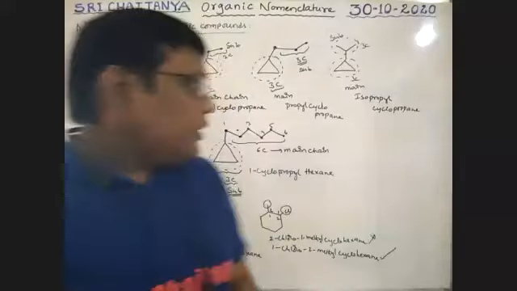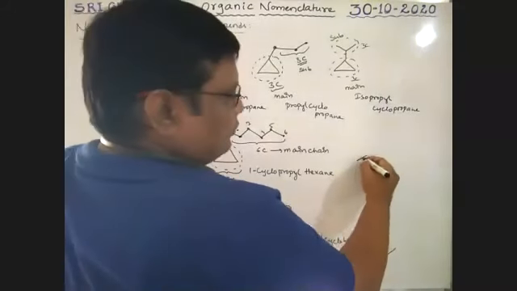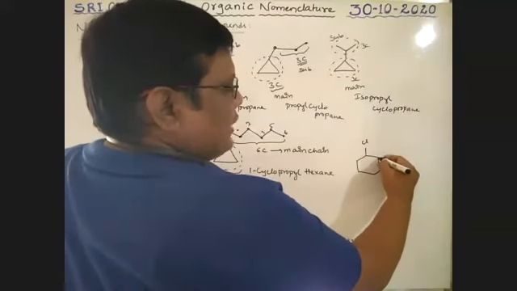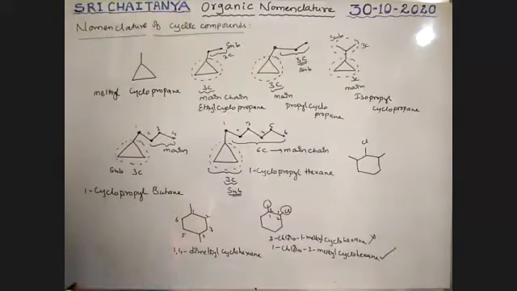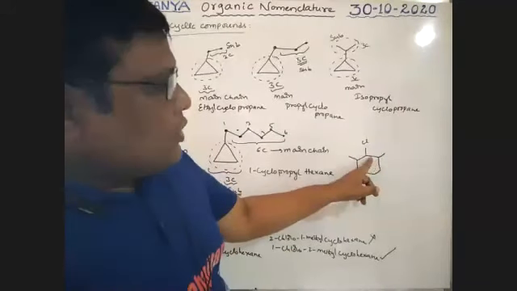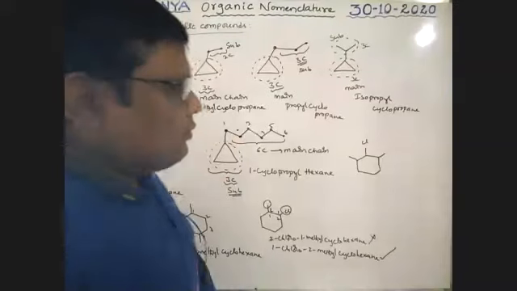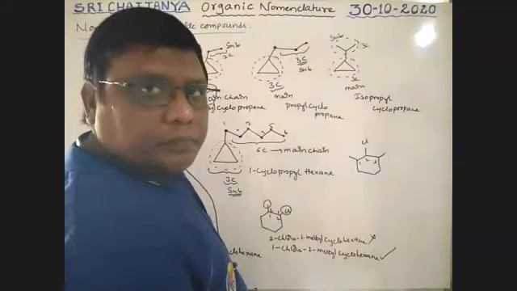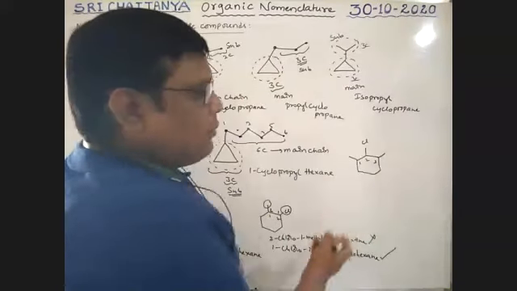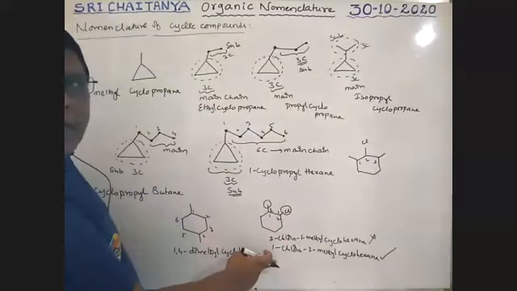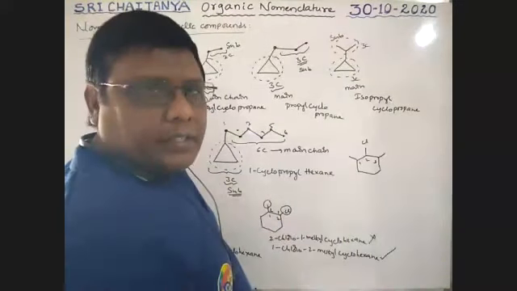Next, some more examples, guys. See here. Here chlorine is there and here methyl is there. Chlorine and methyl. What is the name of this compound? So see here, boys. 1, 2, 3 or 1, 2, 3, either direction is possible, because the lowest locants are required. There are 3 substituents, so locations are a must.